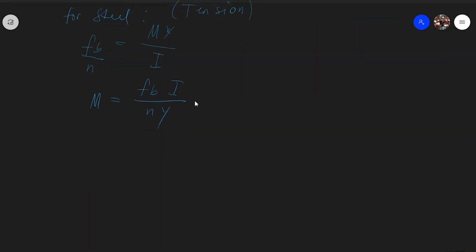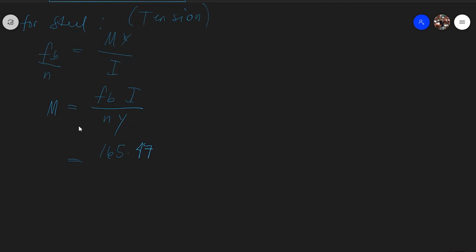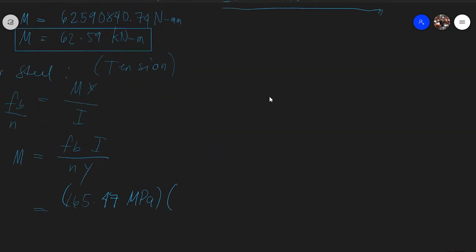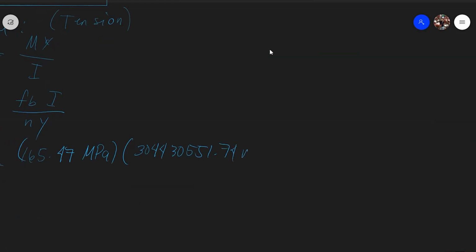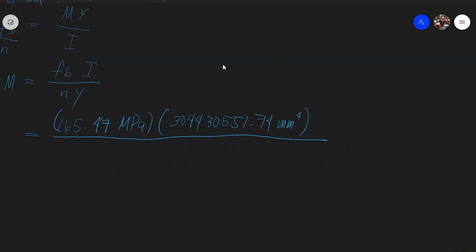Your FB is 165.47, in megapascal of course, multiplied by I. What is our I? 3,044,305.74 mm raised to 4, all over N, which is 8, multiplied by Y.